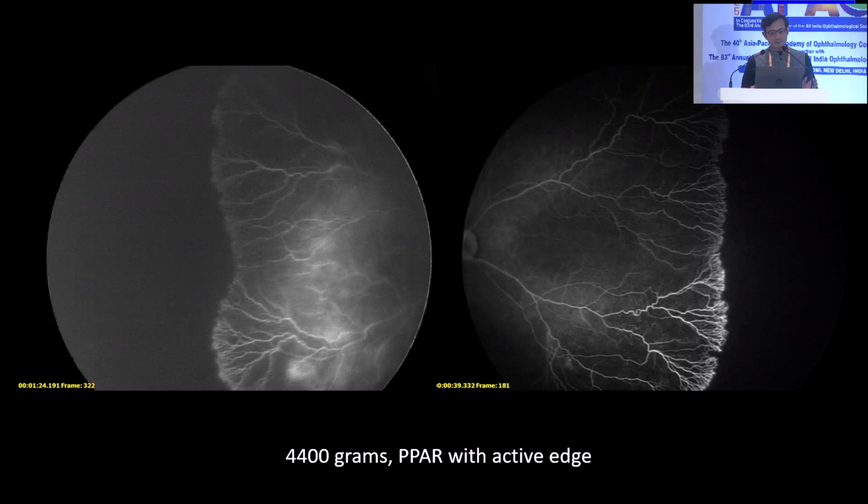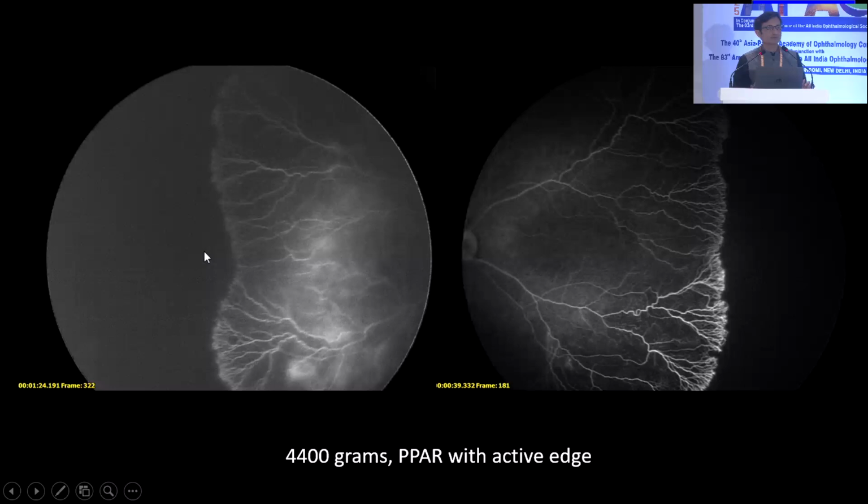And here you can just simply, based on the angiogram, look at 2 patterns. Firstly is the posterior leak, which you may not want to treat immediately. This tells you where the disease was and tells you that some activity is still there. But then you want to look at the edge leak.